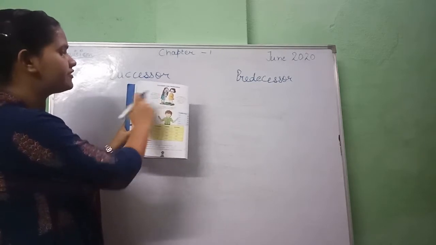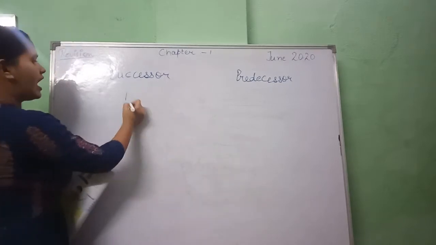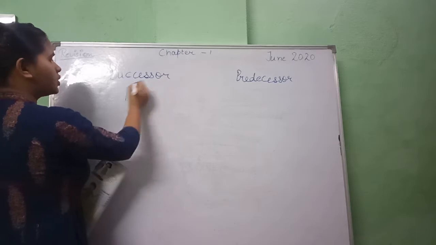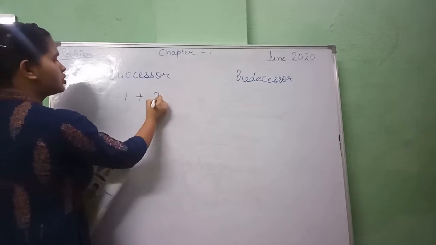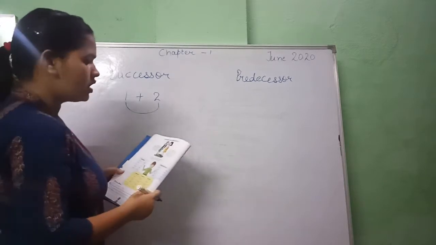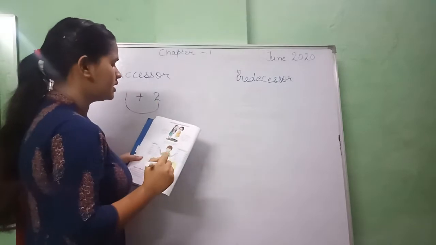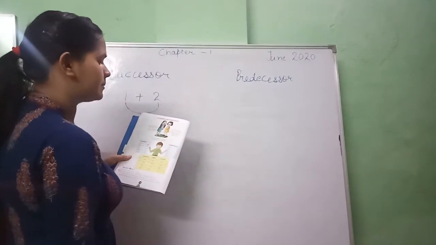The number just after a given number is the successor, which means if I give 1 here, after 1 comes 2. This is the successor of 1. And the other girl is talking about the predecessor. The number just before a given number is a predecessor.